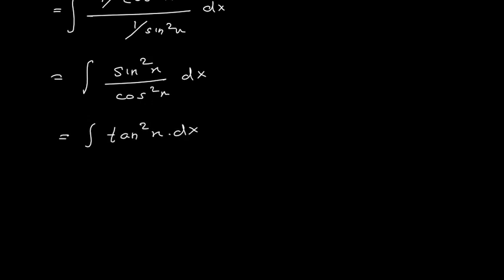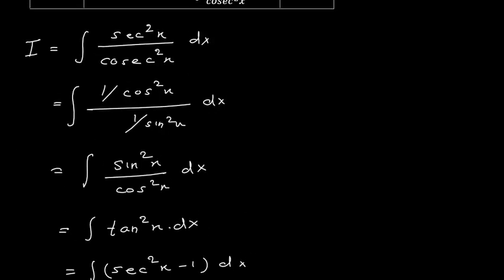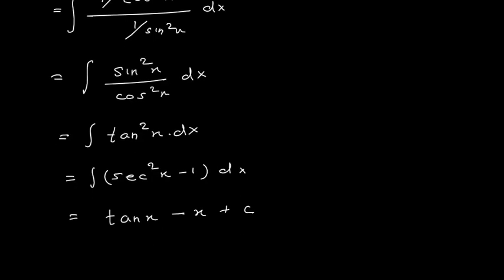Now this tan square x can be written as sec square x minus 1. So this is integration of sec square x minus 1 dx. Integration of sec square is tan x and integration of 1 is x. So the integration of sec square x upon cosec square x dx is tan x minus x plus c.